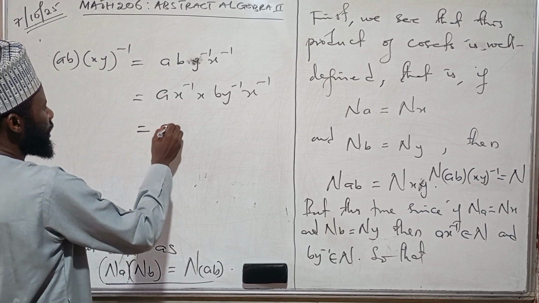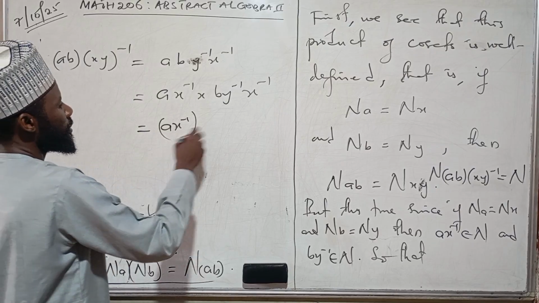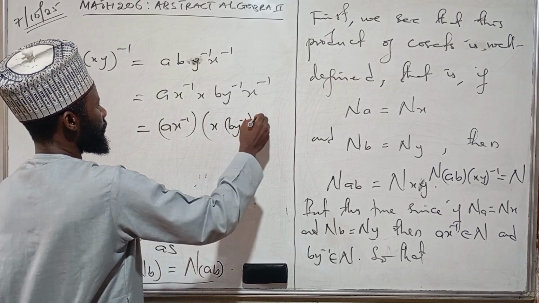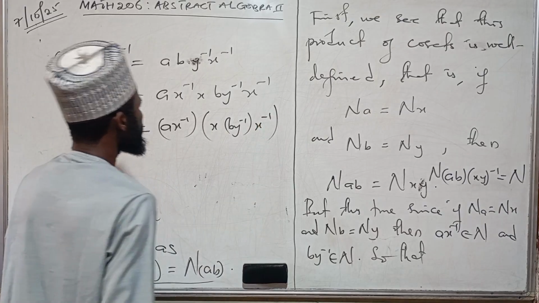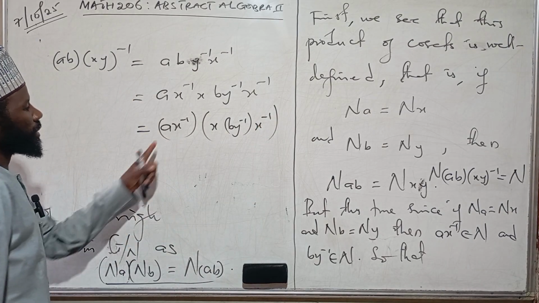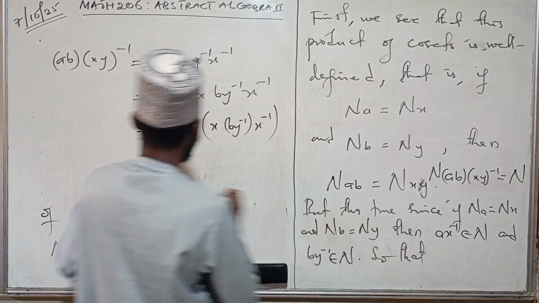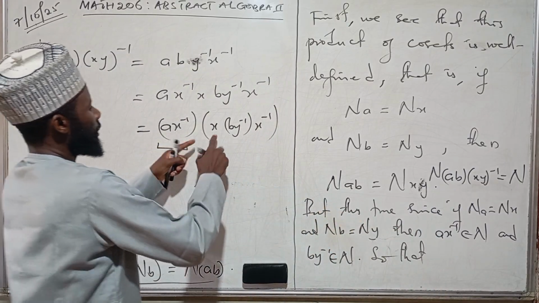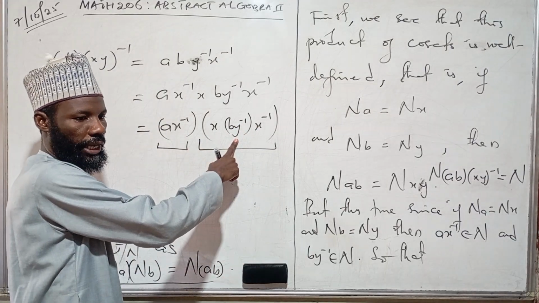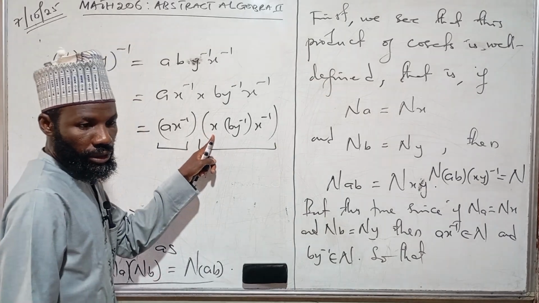And so what we have here is A X inverse times X by inverse, and then we have X inverse like this. And because this element is in N, and this will also be in N because the middle element here, by inverse, is in N. And X is just any element coming from the group.